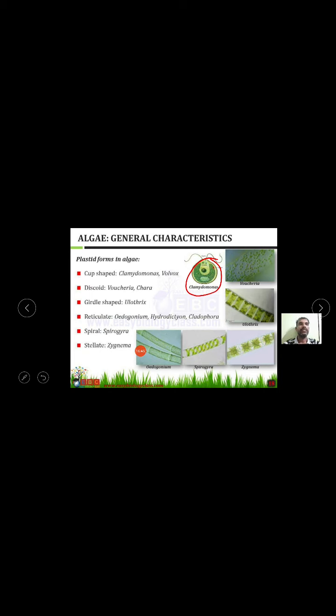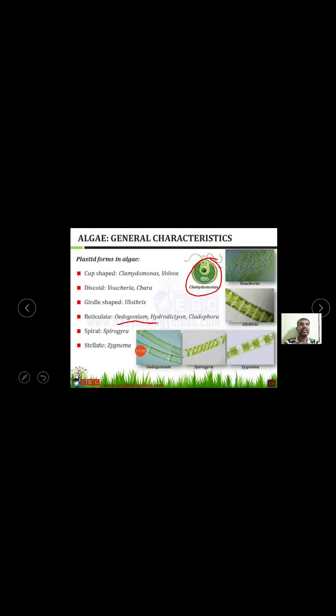Girdle shaped and also reticulate in Oedogonium. Oedogonium shows a very prominent reticulate structure, like the reticulate venation in a dicotyledon leaf. This is a very important structure of Oedogonium.